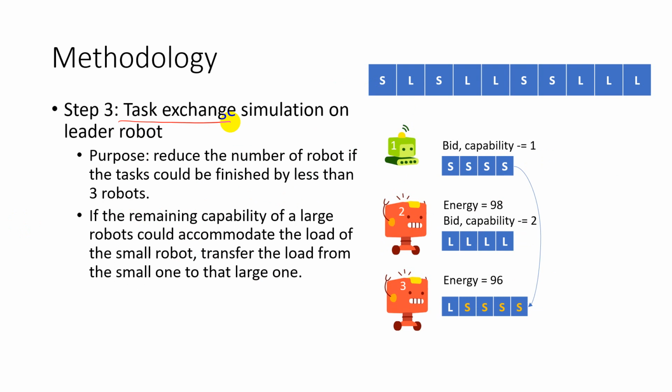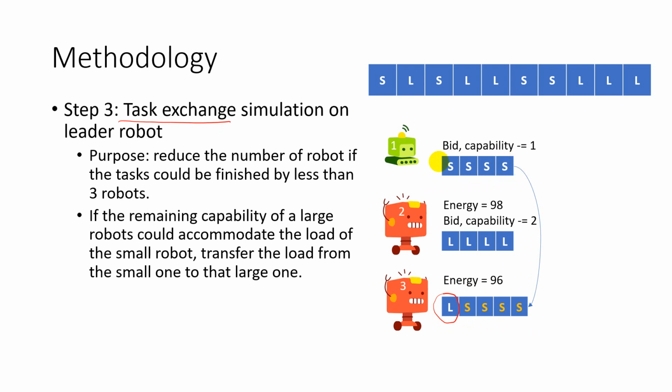The purpose is to reduce the number of robots if the task could be finished by fewer than 3 robots. For example, in this scenario, before the exchange, the large robot number 3 only has one large task in its load, but the small robot has 4 small tasks in its load.